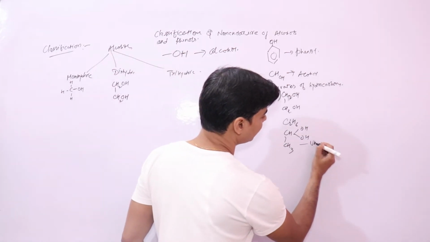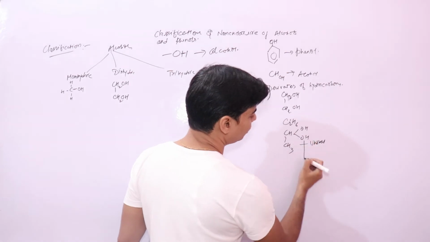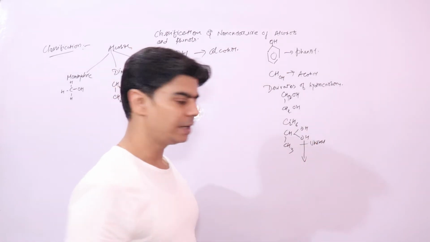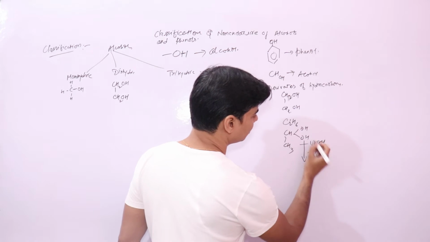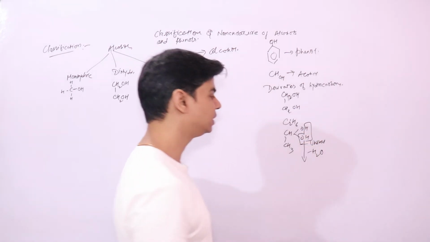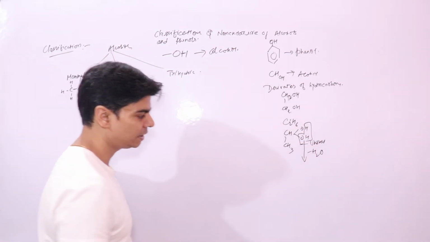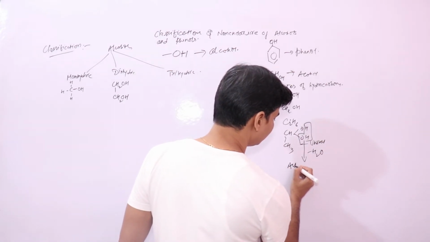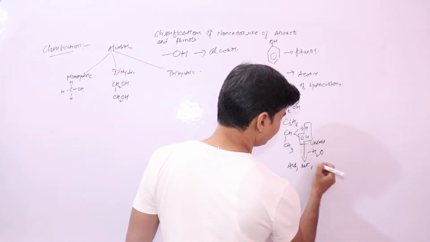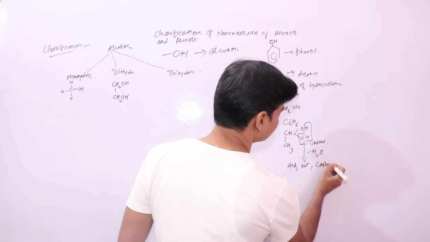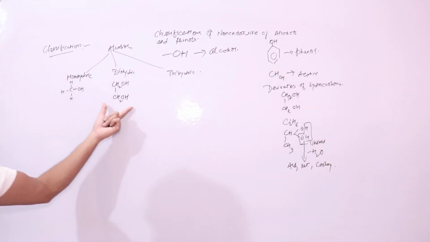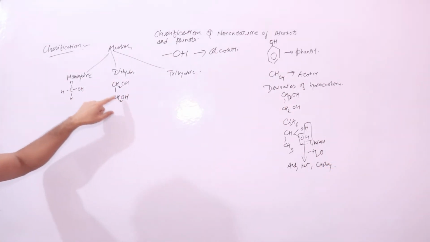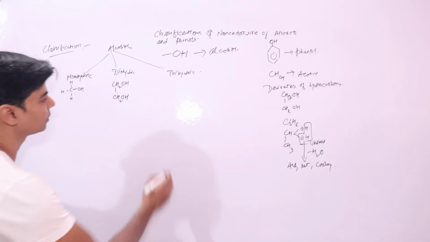This would be an unstable compound and it will eliminate a water molecule and change into a carbonyl compound, mainly an aldehyde, a ketone, or a carboxylic acid. So you will always see alcohols where the OH groups are attached to two different carbon atoms.